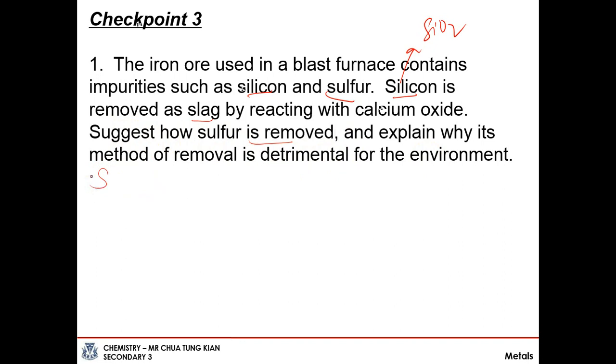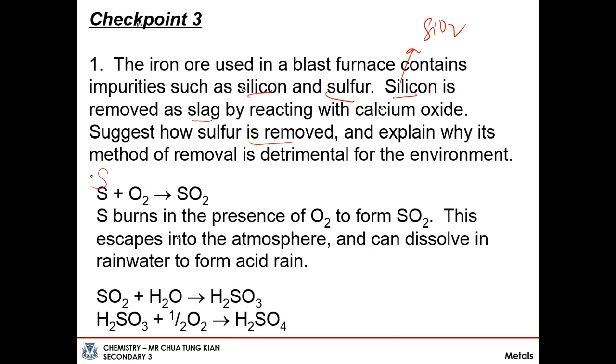If you think about this, in the blast furnace, what conditions are present? There are high temperatures, there is a lot of preheated air which contains a lot of oxygen, and this means that the sulfur can react with the oxygen in the air to form, yes, that's right, sulfur dioxide. So the sulfur burns in the presence of oxygen to form sulfur dioxide, and when SO2 is released into the atmosphere, it can dissolve in rainwater to give you acid rain.